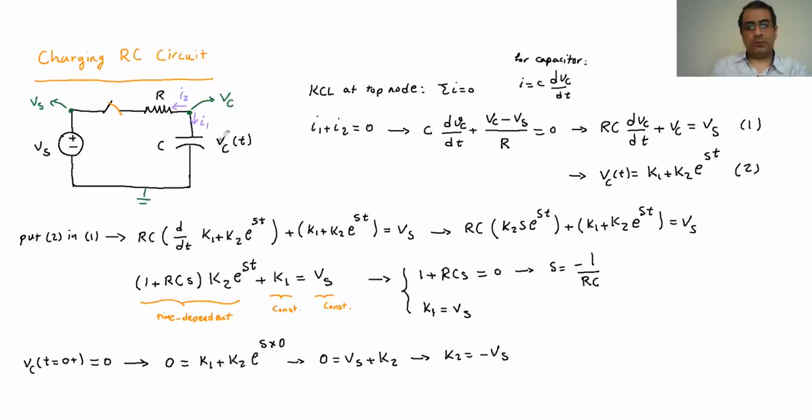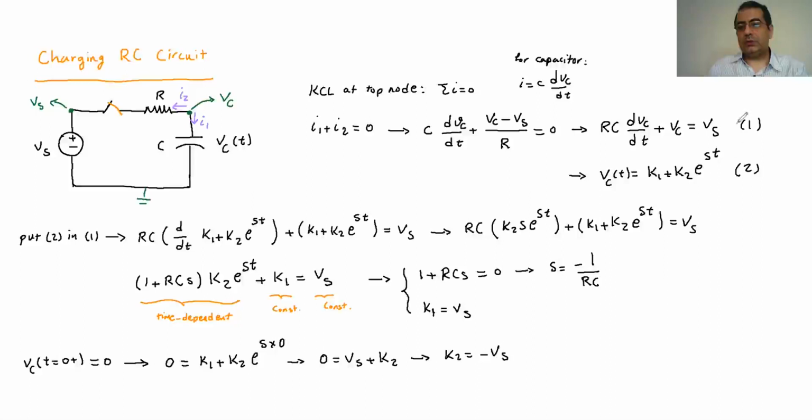So its voltage initially is going to be 0, and then it's going to be charging, and its voltage is increasing until it becomes fully charged. To solve that, we write the node voltage method for the very top node here, and when we solve it, we come out with the differential equation that shows the change of the VC in this circuit.